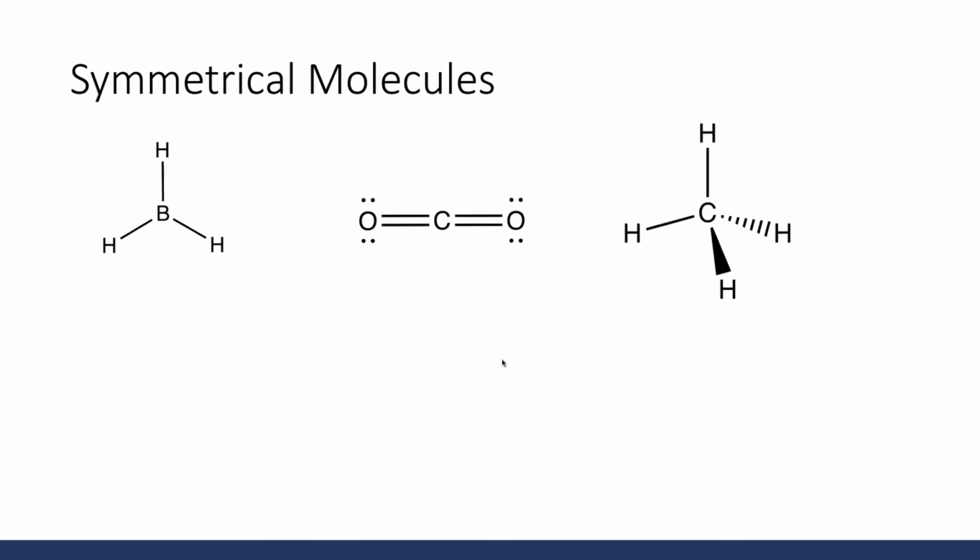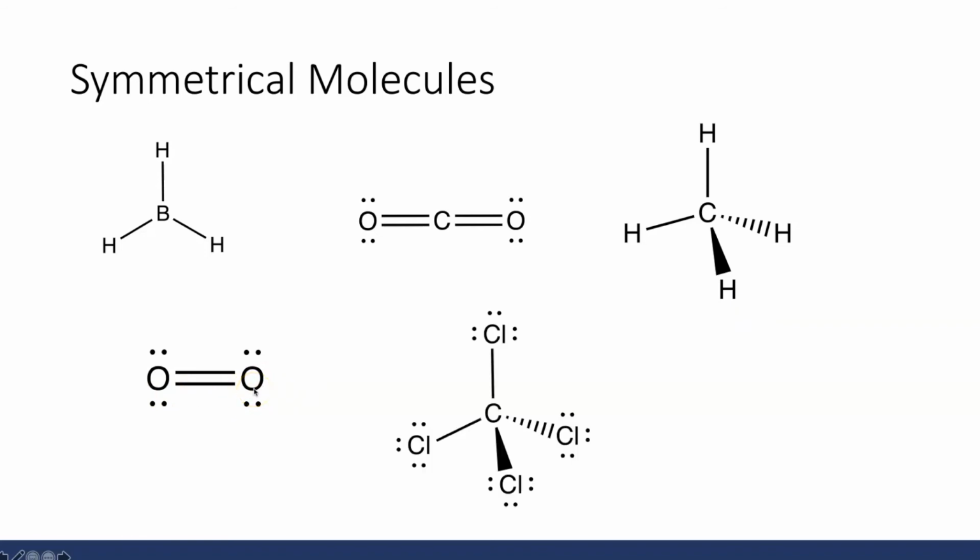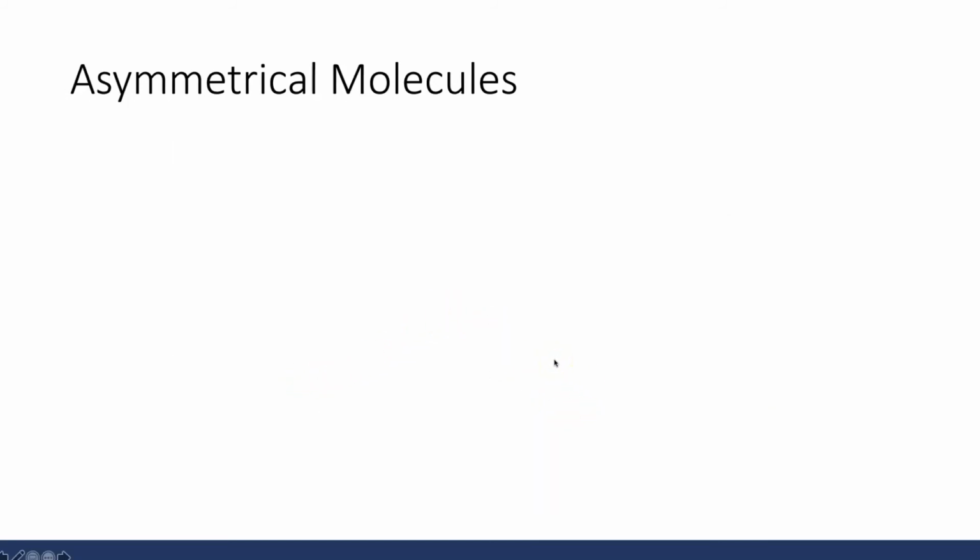CH4, a tetrahedral molecule where all the exterior atoms are the same type. O2, there's not really a central atom here, but it's symmetrical. Or carbon tetrachloride. Again, all of my exterior atoms are the same type, equal strengths tugging out. So let's look at some asymmetrical molecules.